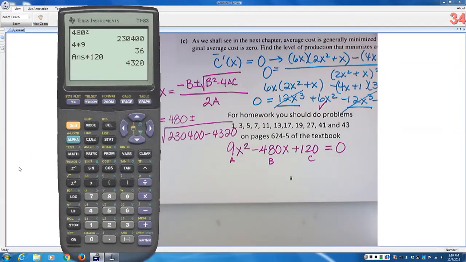So I'm going to take the square root of what's under the square root sign: 230,400 minus 4,320 is 226,080, and I need to take the square root of that.